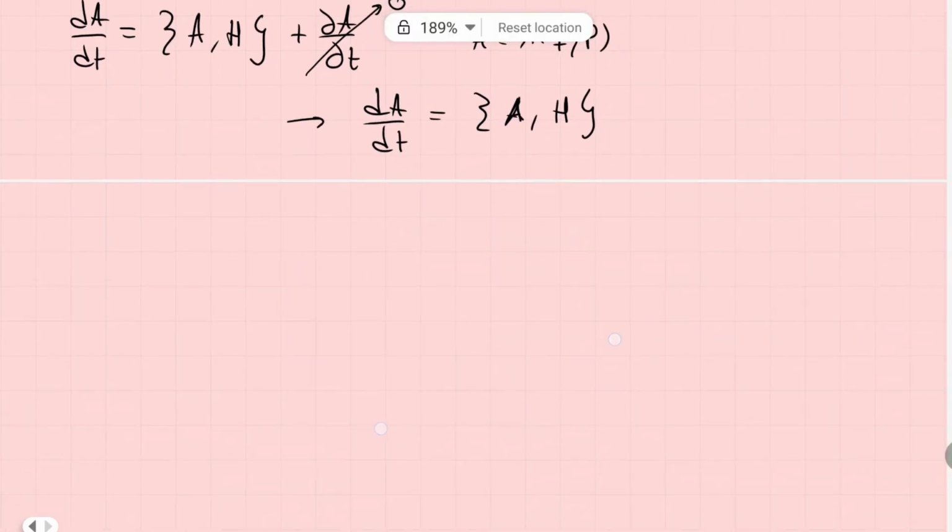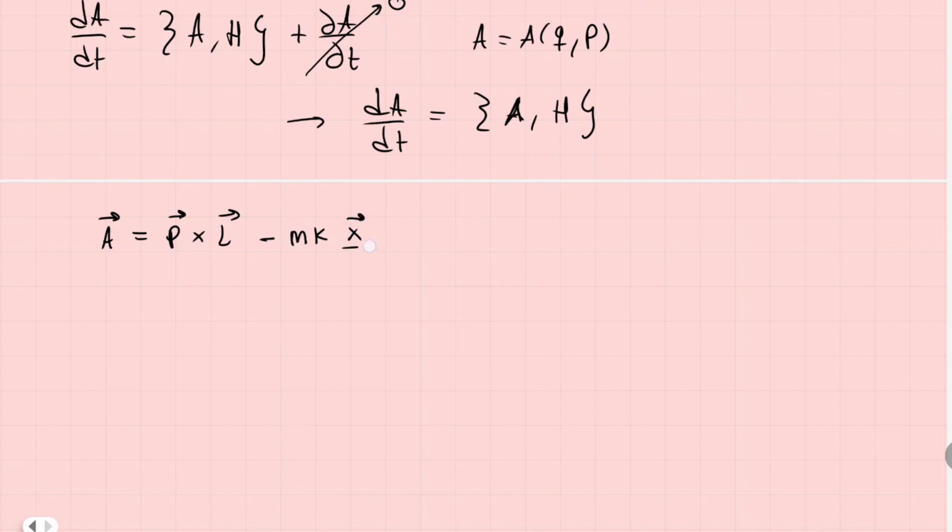So it is the moment to introduce a quantity that we will see will be conserved in the Kepler problem context. That quantity is the Laplace-Runge-Lenz vector, and we are going to name it A, which is going to be defined as the vectorial product between P and L, and then minus mk times the vector x divided by r.